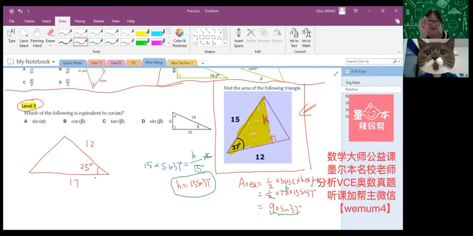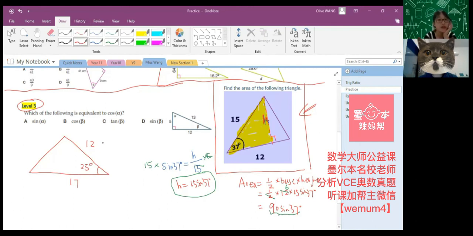Let me check on my calculator. Anyone here wants to explain an idea? Because we run out of time.